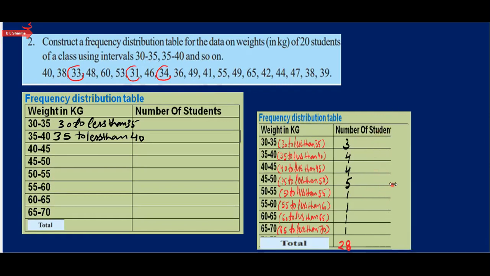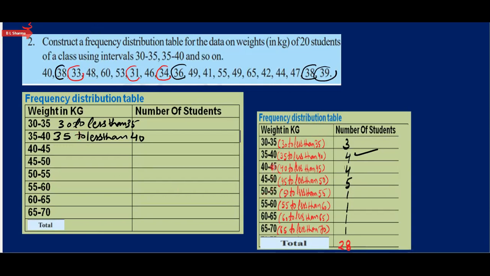Similarly, for 35 to less than 40 kg, 35 इंक्लूड करना है लेकिन 40 इंक्लूड नहीं करना। देखिए 1, 2, 3 and 4, so that is 4 here.